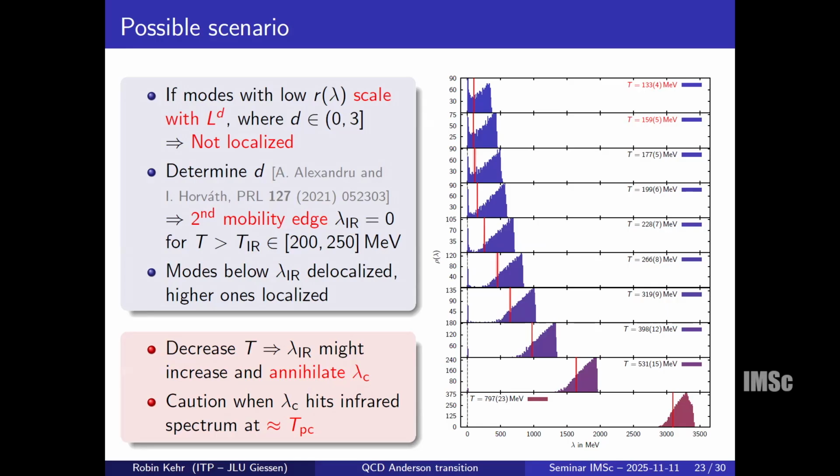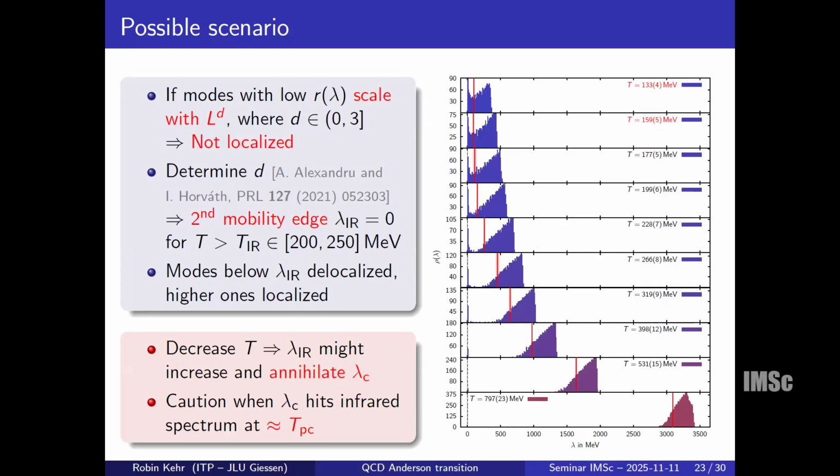And as you decrease the temperature, this becomes broader and broader. So it's reasonable that if there's such a second mobility edge at lambda equals 0, this moves upwards as the spectrum becomes broader. And then it could be that both mobility edges annihilate each other.